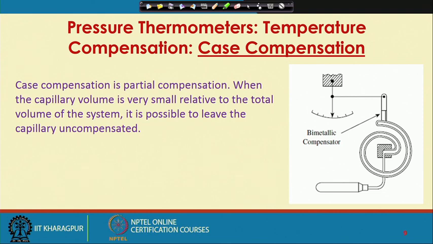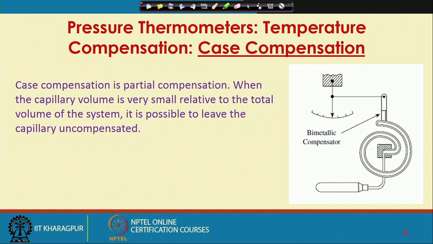Case compensation is partial compensation. When the capillary volume is very small relative to the total volume of the system, it is possible to leave the capillary uncompensated. So, you compensate only for the pressure element. There is no need for capillary compensation. In case of full compensation, you compensate for the capillary as well as for the pressure spring.